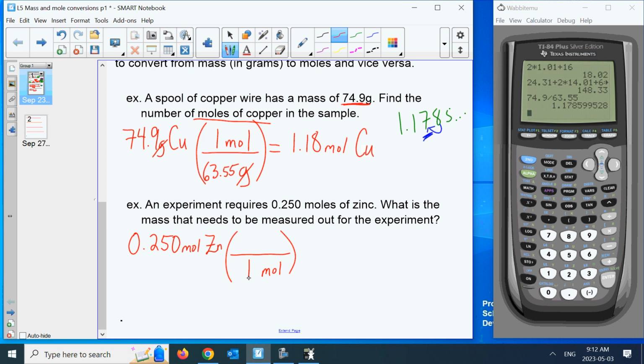Then I look up zinc. On the periodic table, zinc is 65.39. Just a second. On your periodic table, it's 65.41. Different periodic tables. We're sticking to what you have. Over the years they get more accurate. I don't know which one of these two is older, that's 2002, this one's 2006.